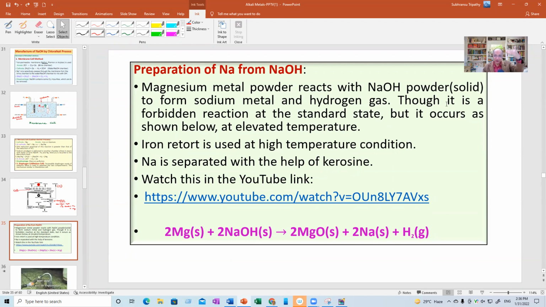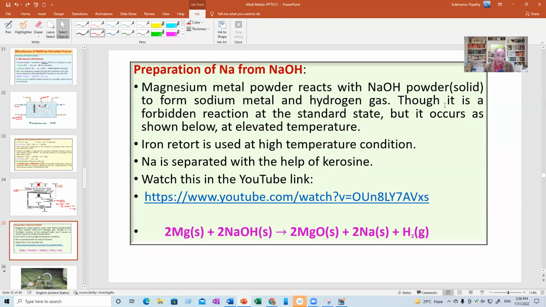So the order that you have studied in class 9 or class 10 applies only at the standard state. But later on you will study that even aluminium can displace magnesium at some other, higher temperature condition, where the reaction becomes spontaneous. You can appreciate that when delta G becomes negative, then things happen.